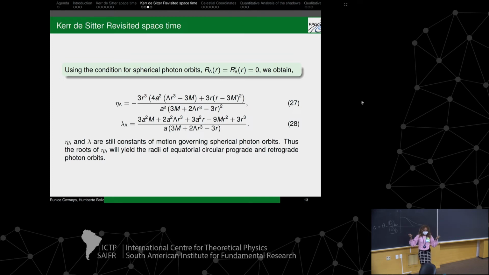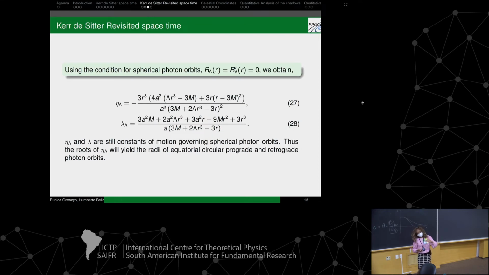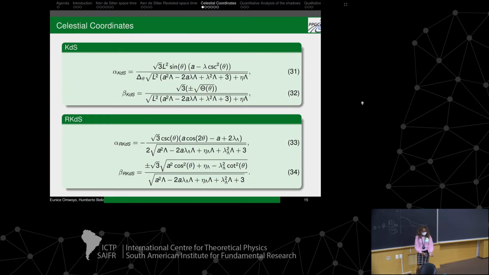This parameter is related to the constant of motion. It's related to the energy of the photons. So when it's 0, they are confined on the equatorial plane. So we solve for r when that parameter is 0 to obtain the lower and upper bound of the spherical photon orbits in Kerr-de Sitter revisited spacetime. And so that is a very quick review of the spacetime.